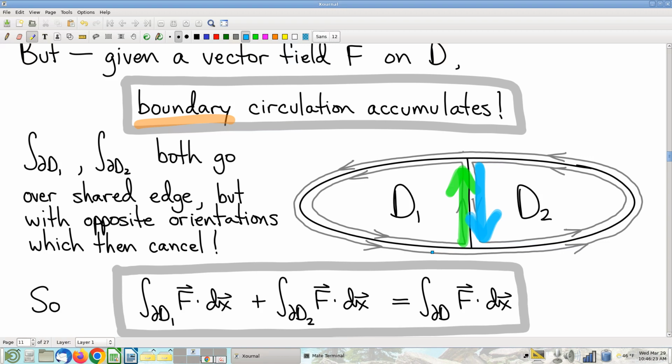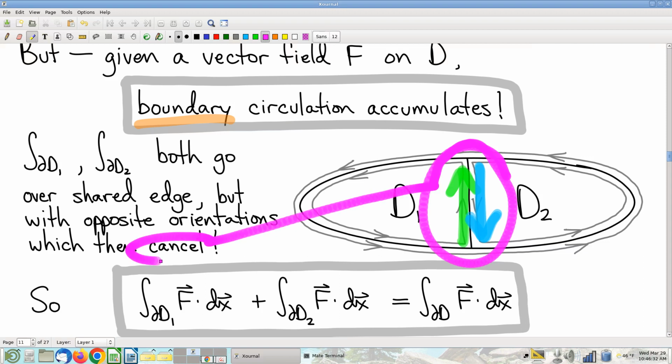And it's tempting to say, yeah, look at that, there's a difference between the whole and the sum of the parts. But the problem is, there isn't really, because that is two line integrals on the same curve with exact opposite orientations, and that green piece and that blue piece cancel. They add up to 0.